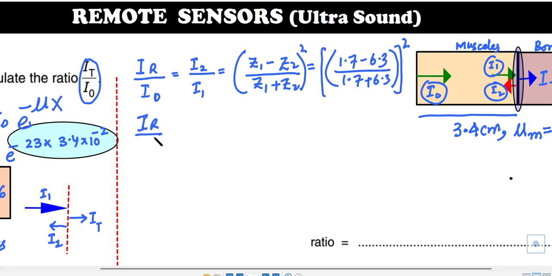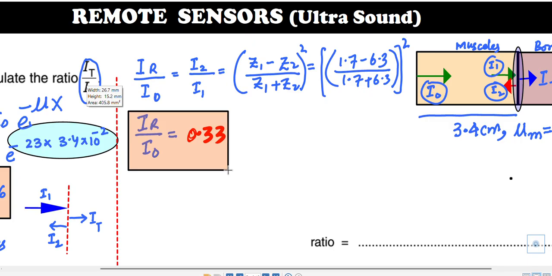IR divided by I naught equals 0.33. Okay, so this 0.33 is basically the ultrasound which has been reflected.